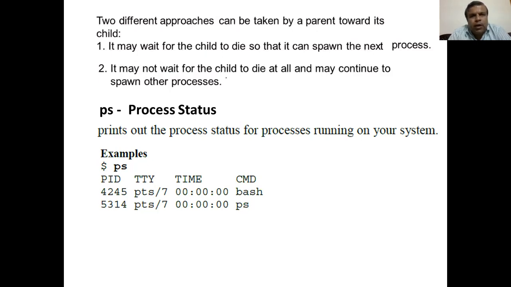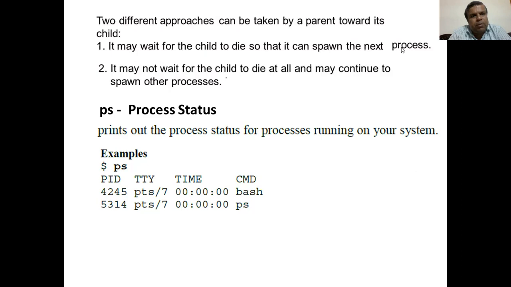That means the parent process has two different approaches for its child. So what is the first approach? The parent process may wait for the child to die so that it can spawn the next process.